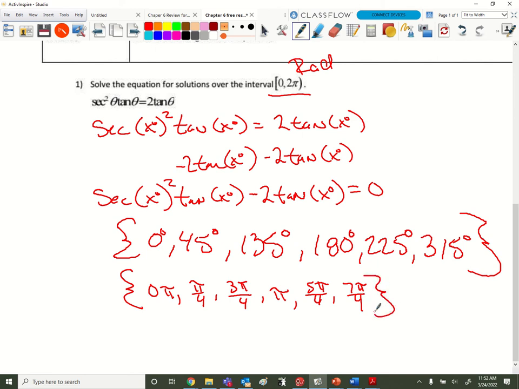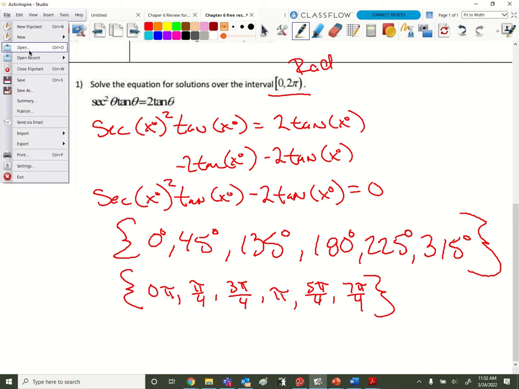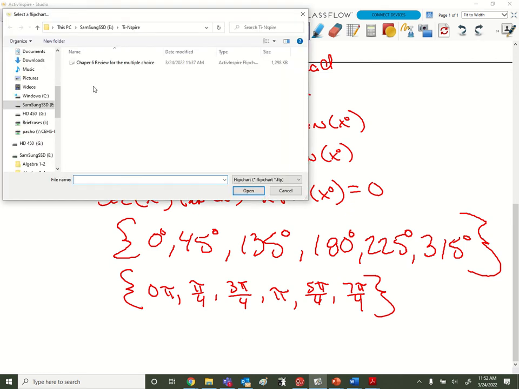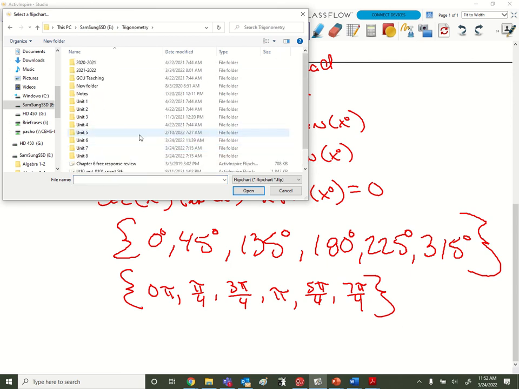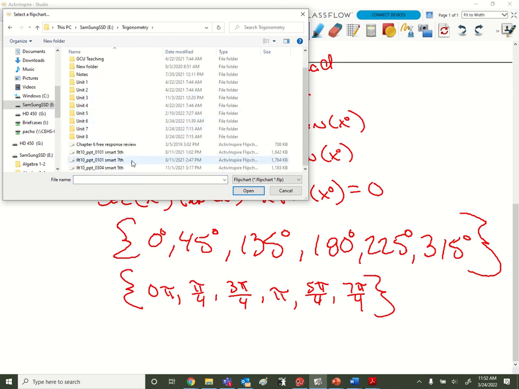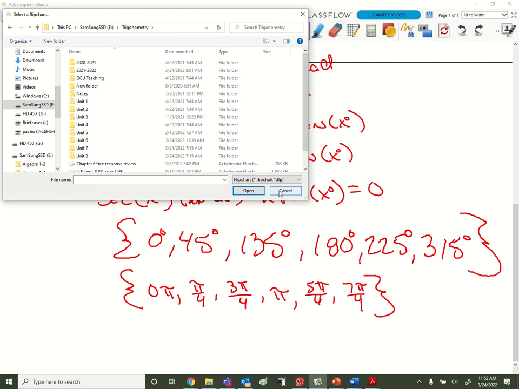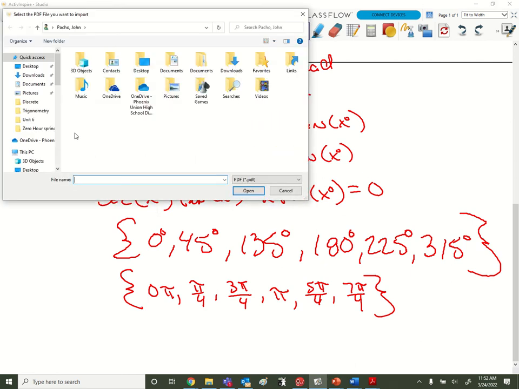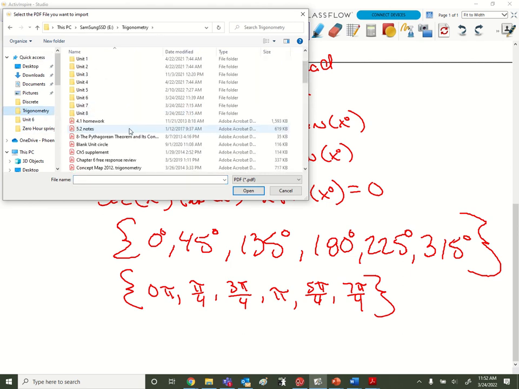So, you know what? I am going to bring up my unit circle just to make sure those are correct. Dang it, I don't know where my unit circle is now. File, import, PDF, Trigonometry.